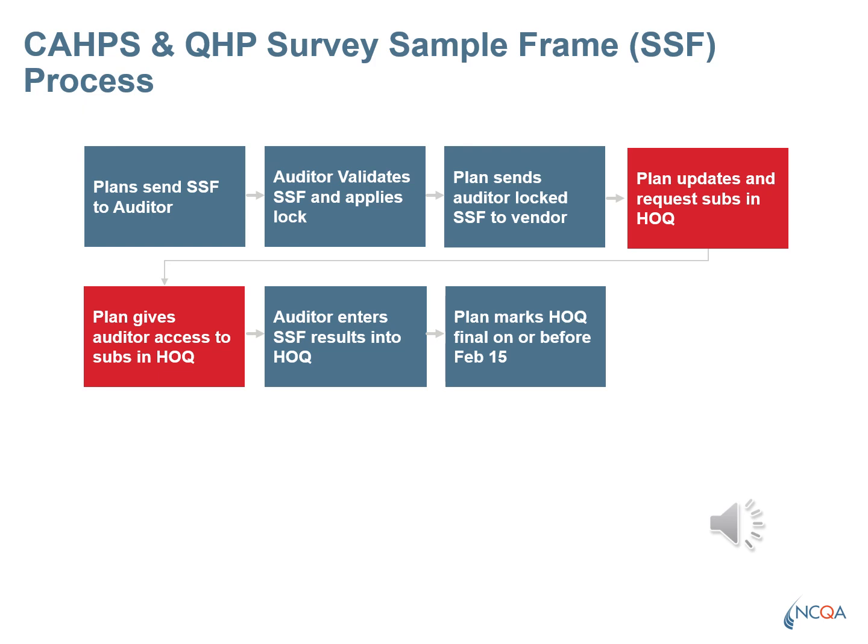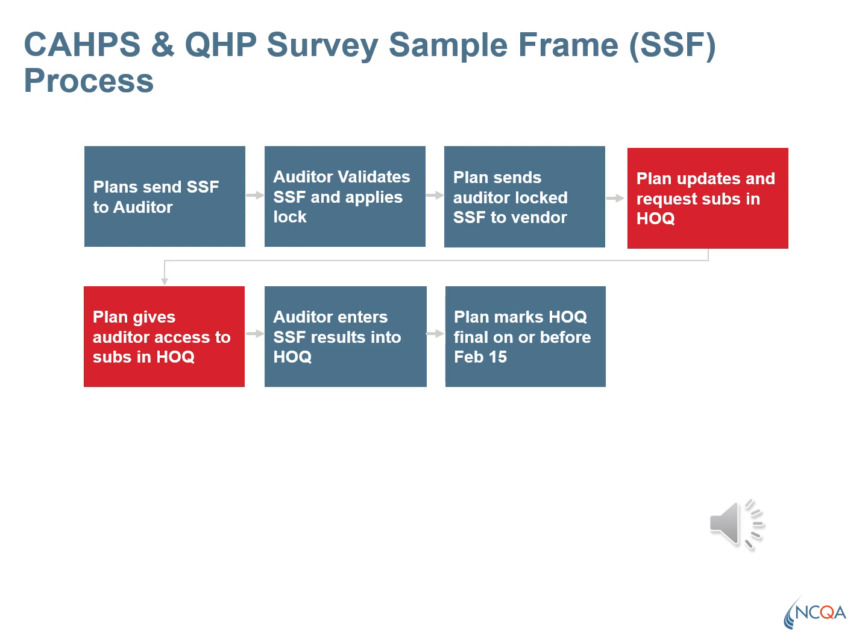Okay, just a little review of our CAHPS and QHP survey sample frame process. This process starts with the plan sending their survey sample frame to the auditor. The auditor then validates that and applies their lock. Once that's done, the plan would then send that auditor-locked survey sample frame to the vendor.